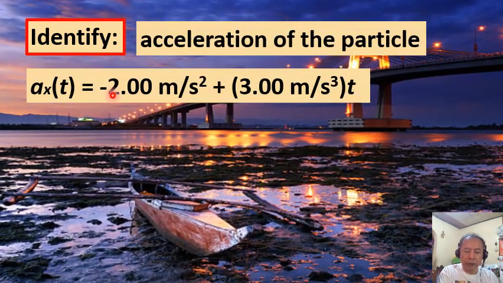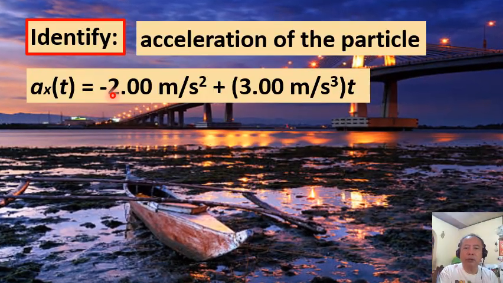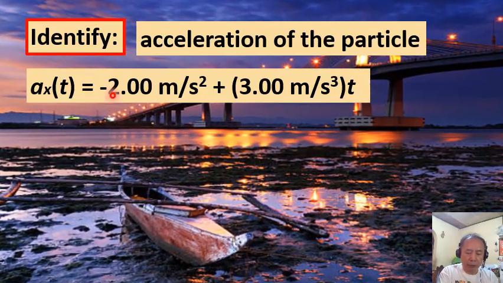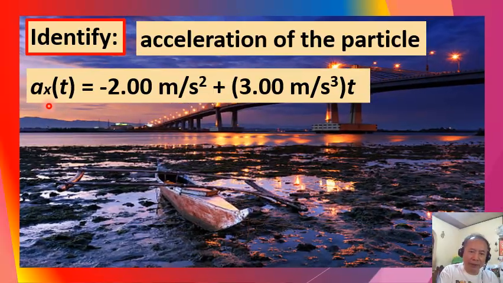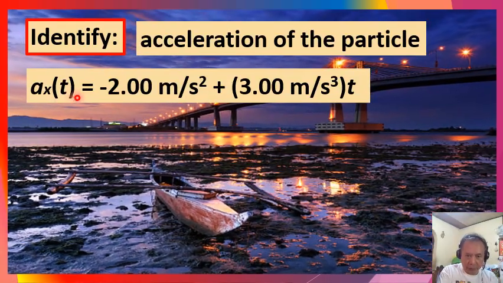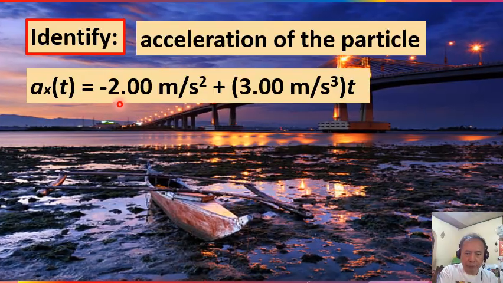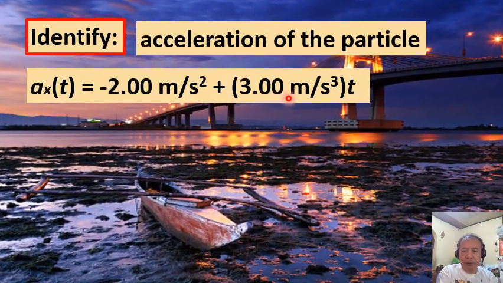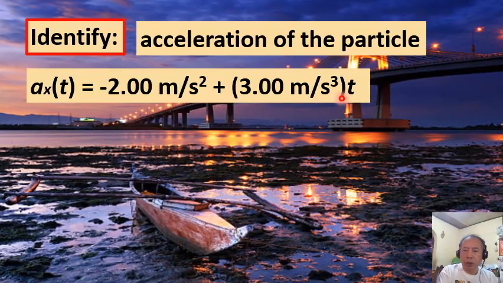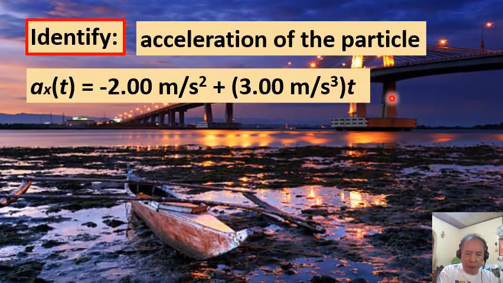We're given the horizontal acceleration as a function of time of the particle. So a_x is equal to negative 2.00 m/s² plus 3.00 m/s³ multiplied by time t.